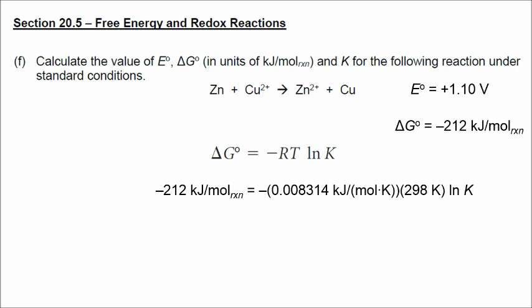But since the delta G that I've used is in kilojoules, I had to divide 8.314 by 1,000 so that the kilojoules would match up. When I do this math and I solve for K, I get that K is equal to a rather large number, 1.5 times 10 to the 37 power. Again, that large K is consistent with the fact that the reaction is very strongly product favored.